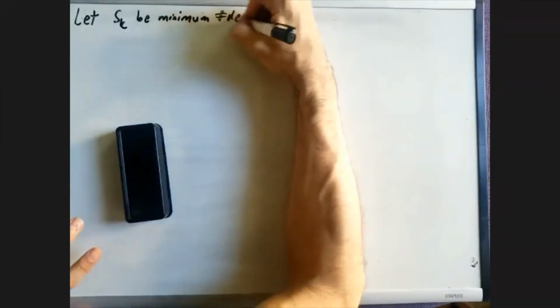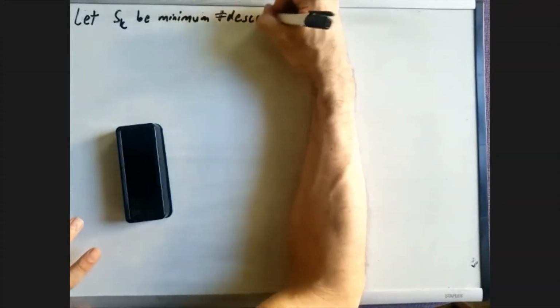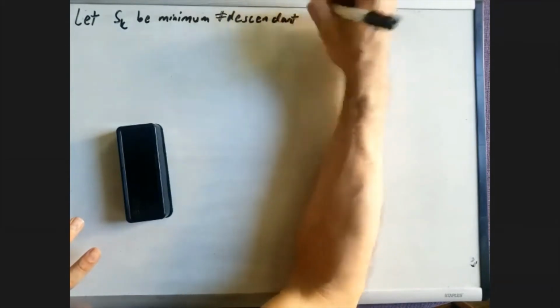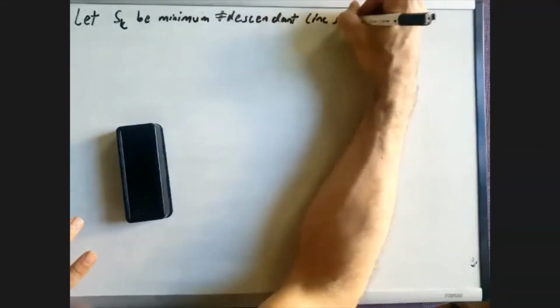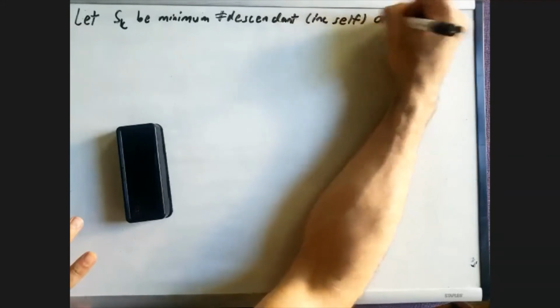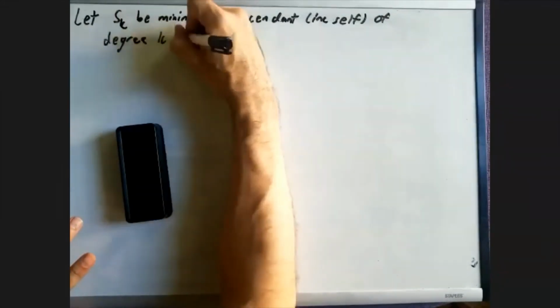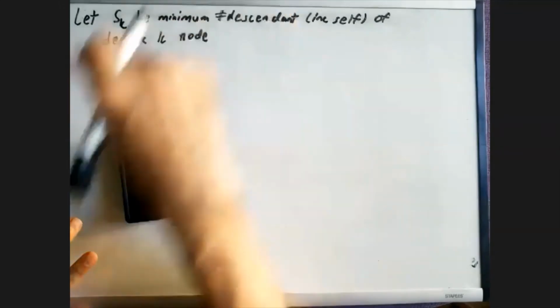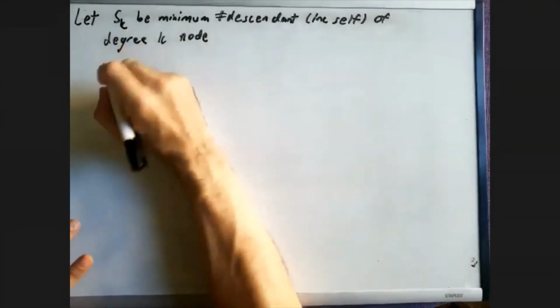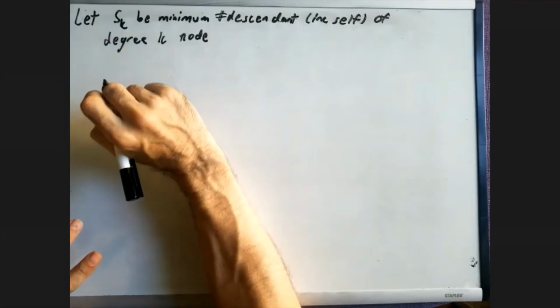Be the minimum number of descendants. So now we are talking about descendants, not children, and we're including ourselves, of a degree K node in any tree constructed by our Fibonacci heap data structure.